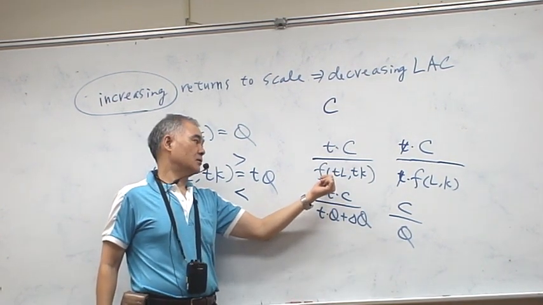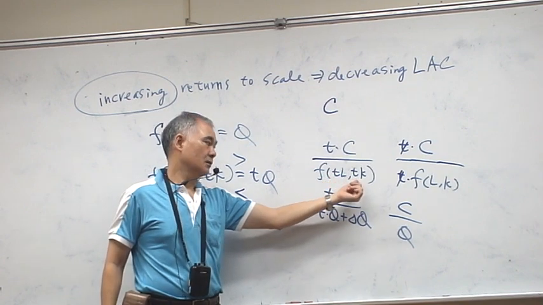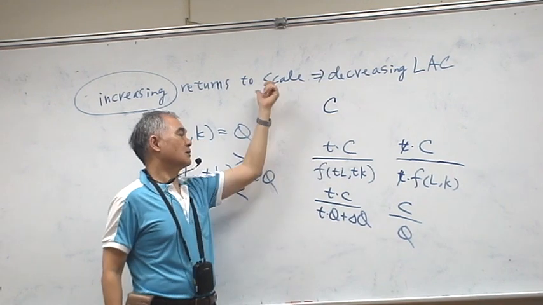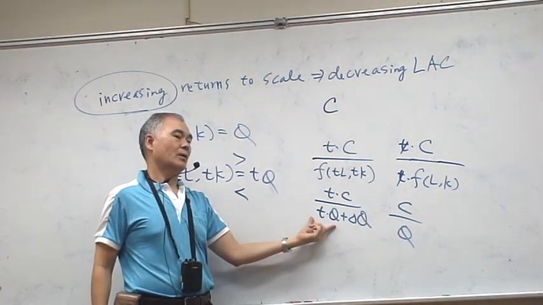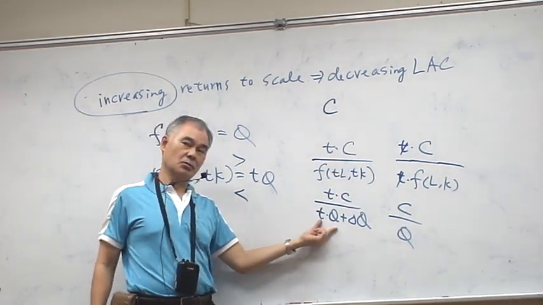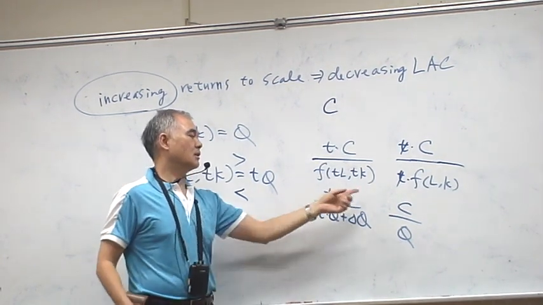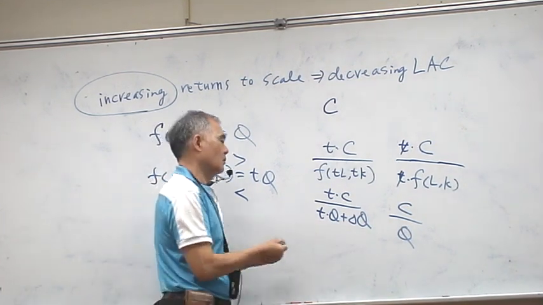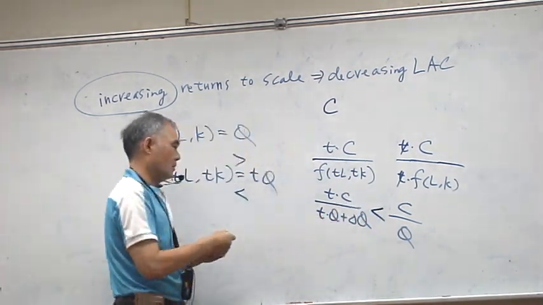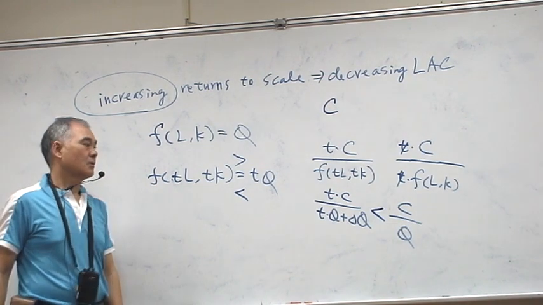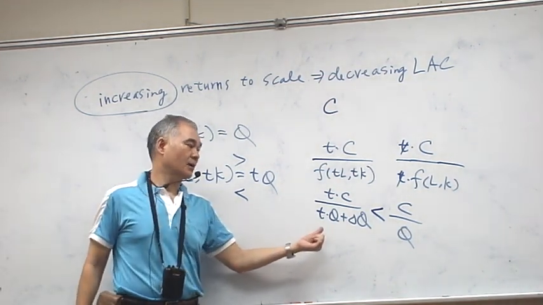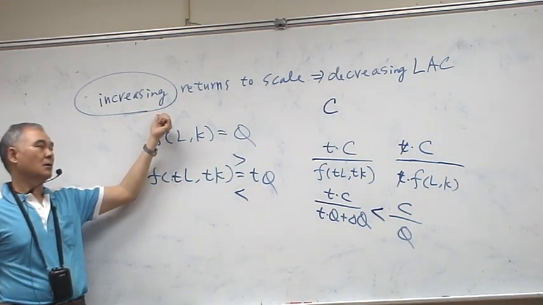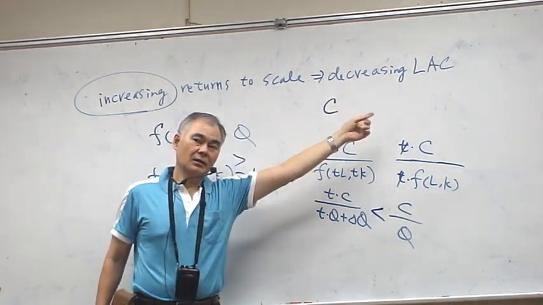You put in t times L, t times K, so the cost will be t times C. But because it's increasing returns to scale, what you get is more than t times Q. So the denominator is bigger, so it is less than. Because of that, if you have increasing returns to scale, the average cost will be decreasing.